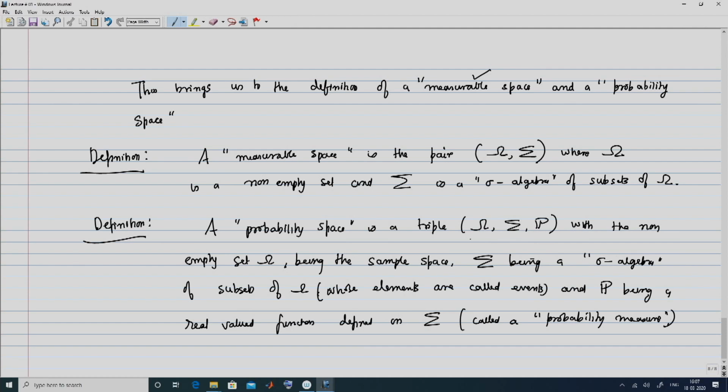So, basically the probability space is this triple omega, sigma, P, where my omega is the sample space, sigma is a sigma algebra and P is a probability measure.